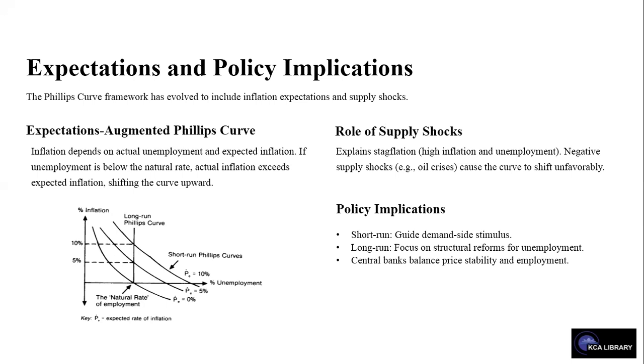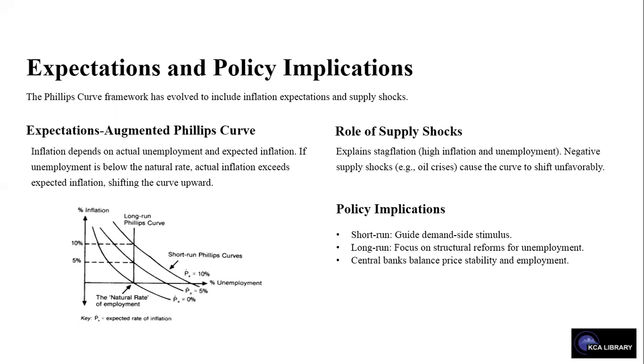We also have the role of supply shocks, which explains stagflation, which is high inflation and high unemployment. A negative supply shock, such as an oil price rise, causes the curve to shift unfavorably.